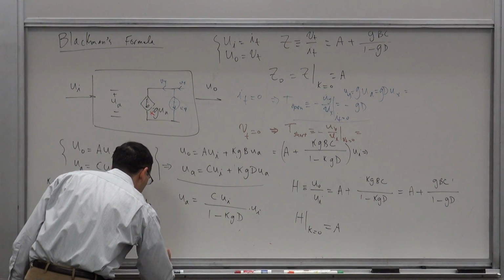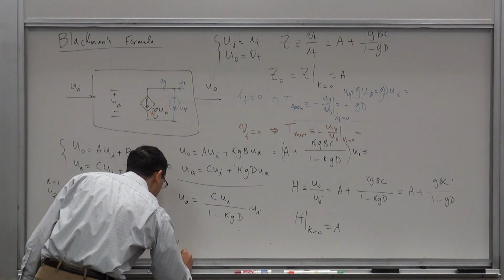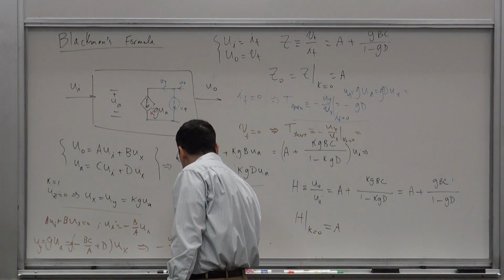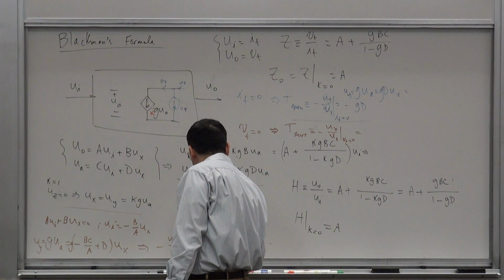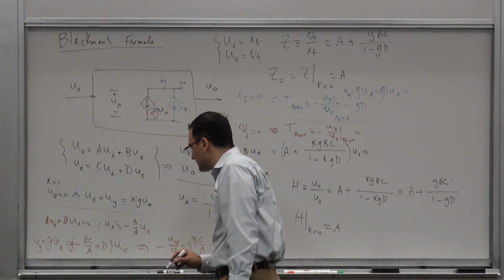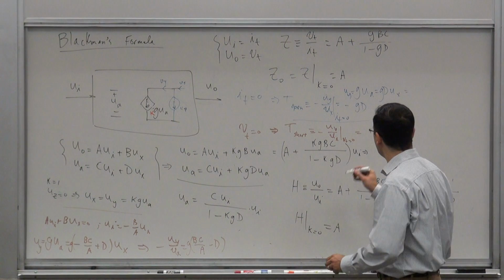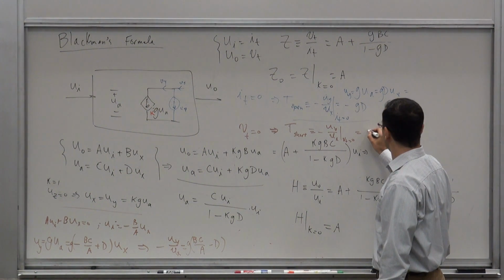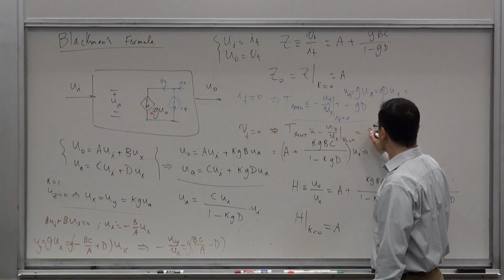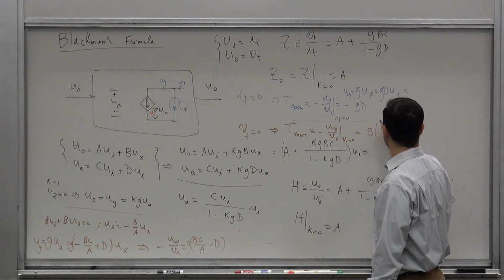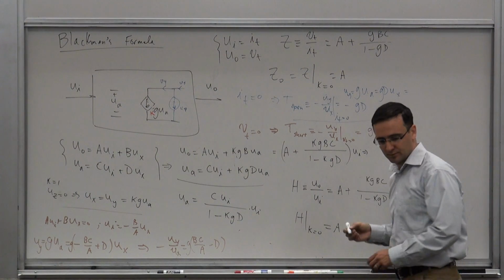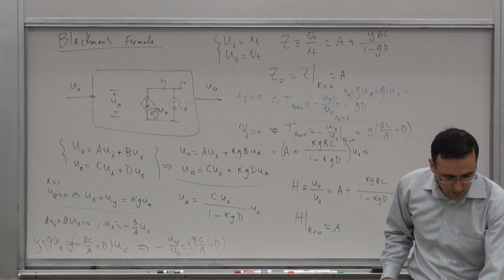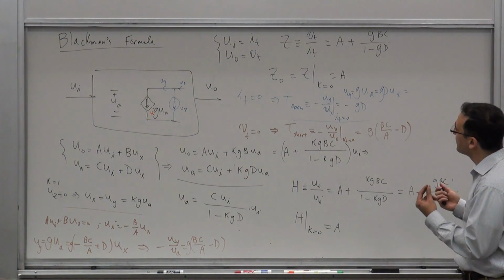Therefore, minus Ui over Ux becomes G times BC over A minus D. In other words, this quantity. Yeah. All right.